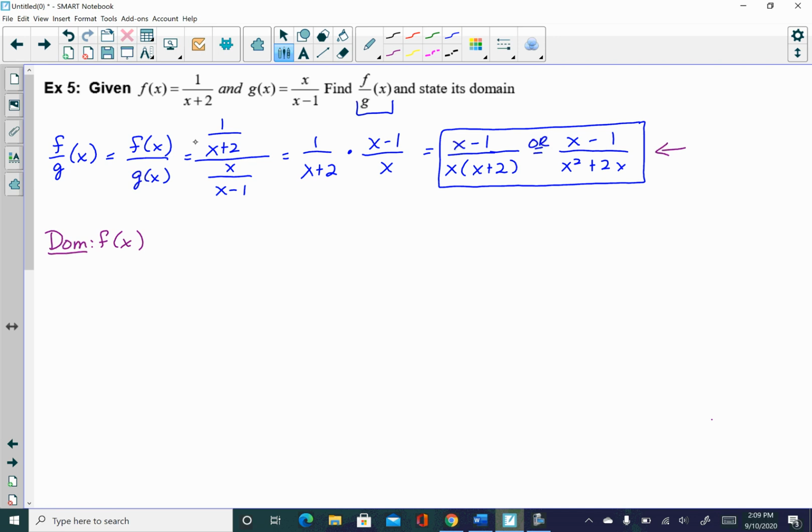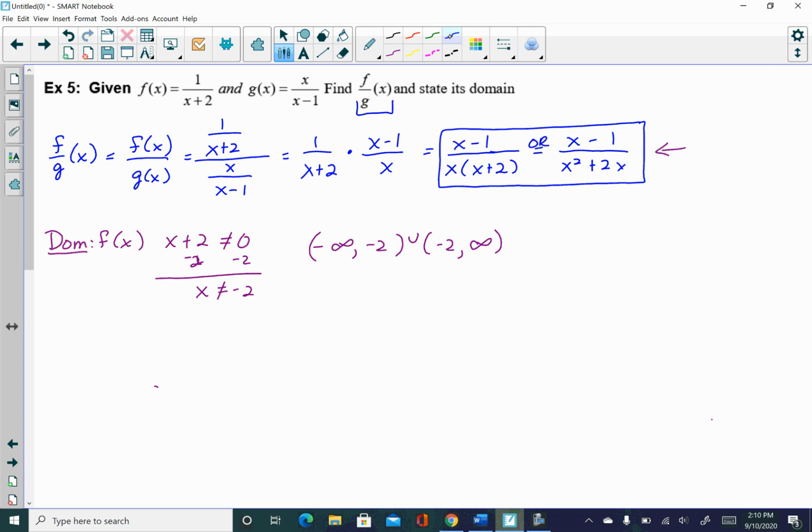We have a denominator, so that means my denominator there cannot equal 0. So I solve for x there. That's a quick solve. Subtract 2 from both sides. So x cannot equal -2. So we're picking up a domain here from -infinity to -2, -2 to positive infinity.